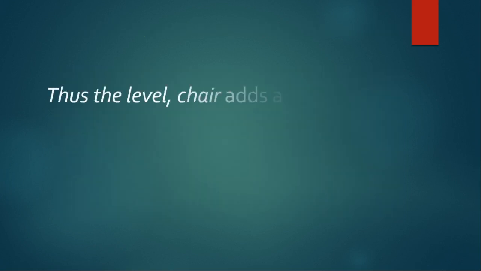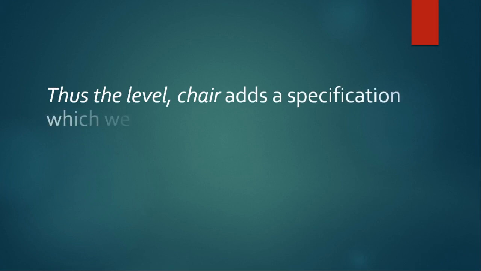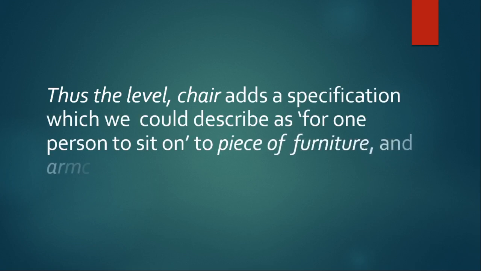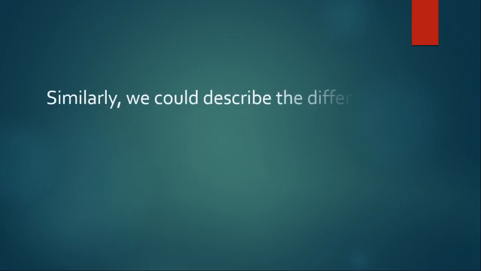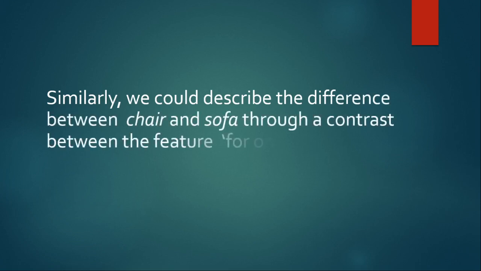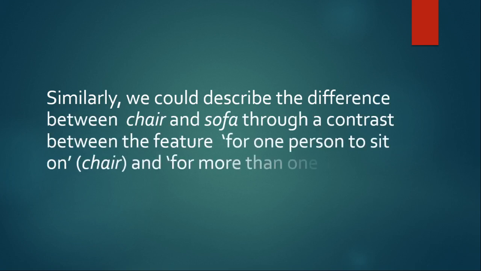Thus, the feature here adds a specification which we could describe as for one person to sit on a piece of furniture, and armchair adds with arms to a chair. Similarly, we could describe the difference between chair and sofa through a contrast between the feature for one person to sit on, chair, and for more than one person to sit on, sofa.